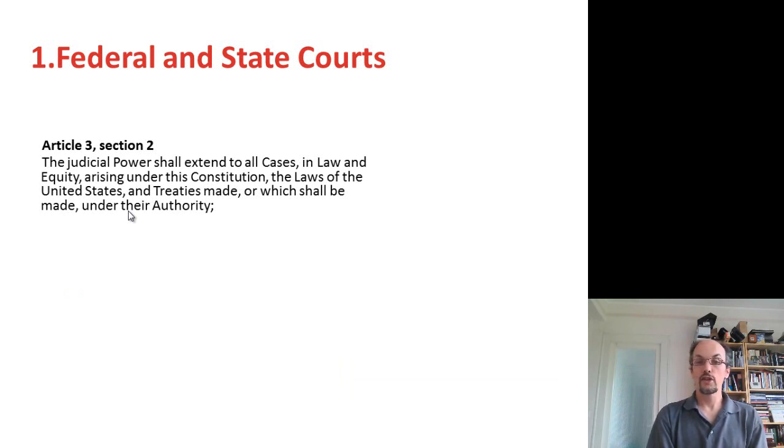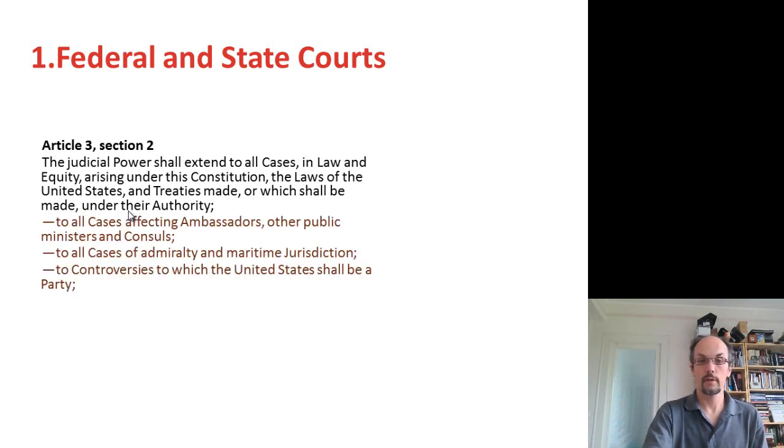Well, as usual, the federal courts deal with things which have to do with the United States as a whole, as opposed to local matters. There's a list, Article 3, Section 2.